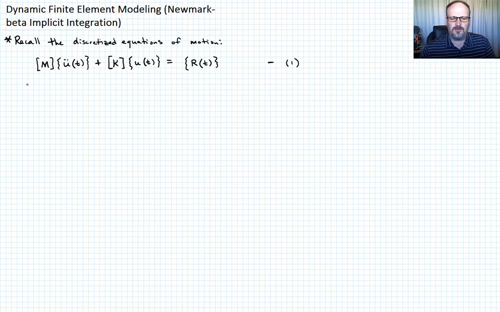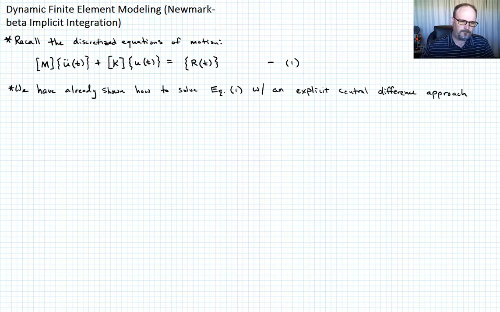We've already shown how to solve these equations with an explicit central difference approach. Here we want to develop the traditional implicit integration method called the Newmark beta method.